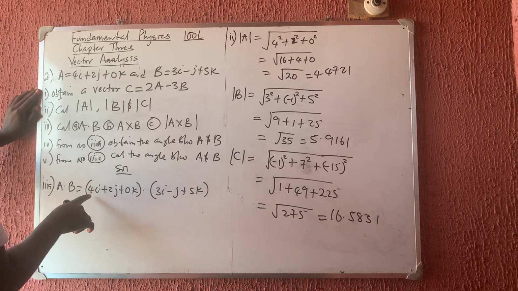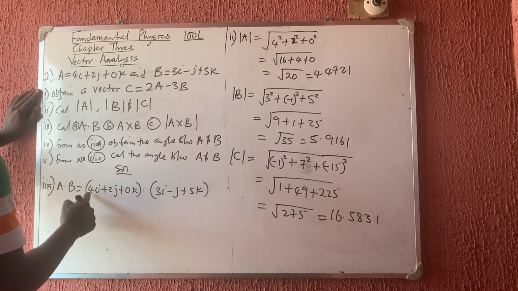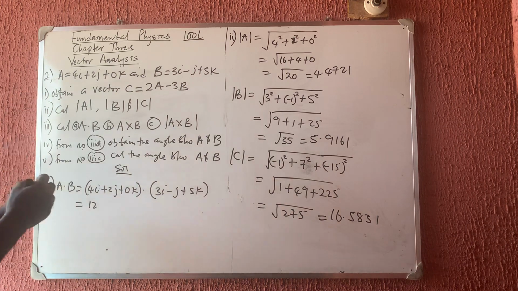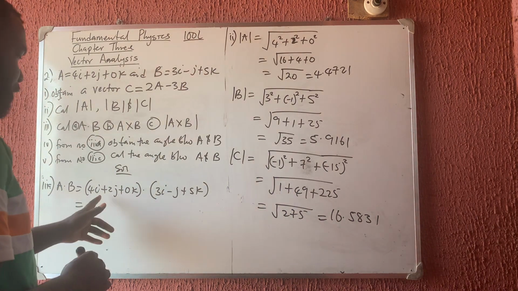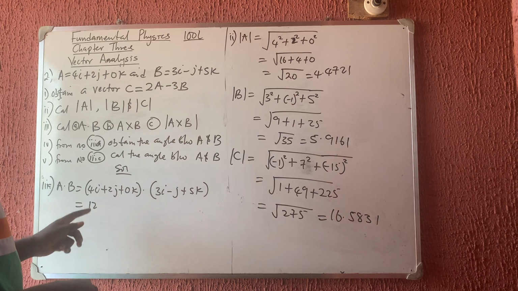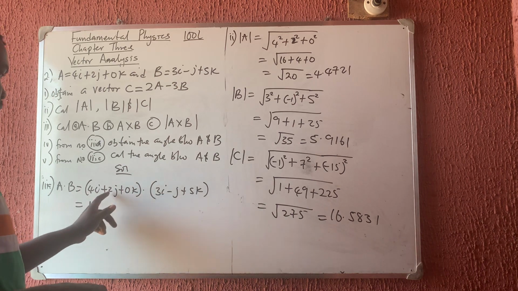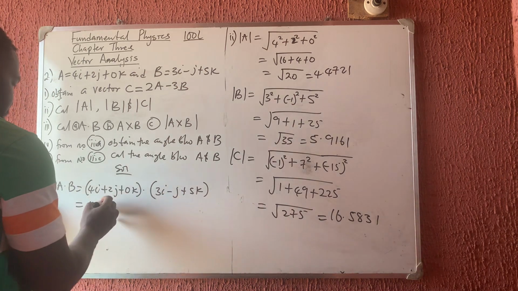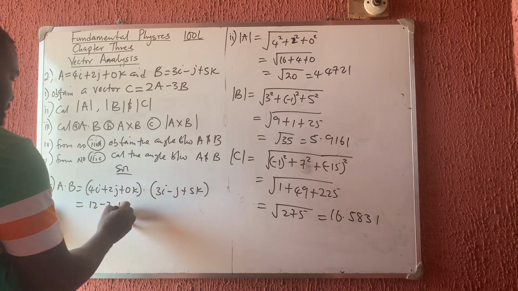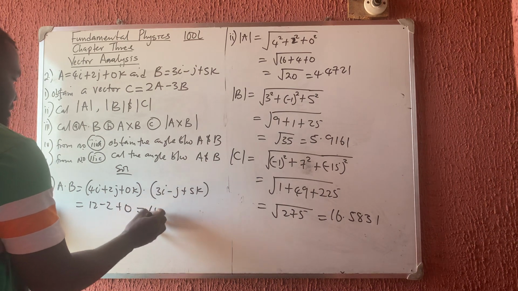So if we dot now, 4 dot 3, that is 4 times 3, 12. You know that dot product is a scalar product, so we don't need the directions. So we need just the magnitude. So 4 times 3, 12. 2 times invisible minus 1, I have minus 2. 0 times anything is 0. So do everything, I'm having 10.